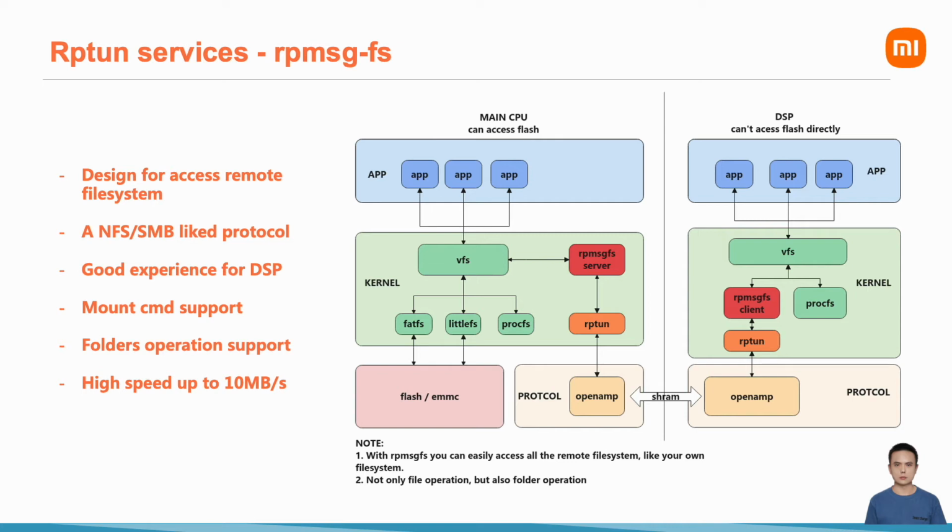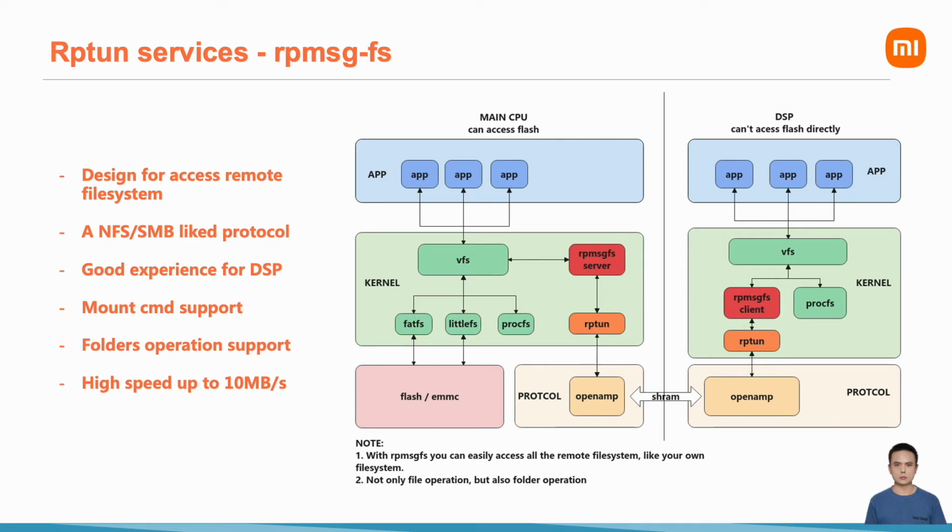It is an NFS or SMB-like protocol. Let's see the picture. If the main CPU can access the flash controller and has set up the file system littlefs, but the DSP can't access the flash controller, and it also wants to read or write files.